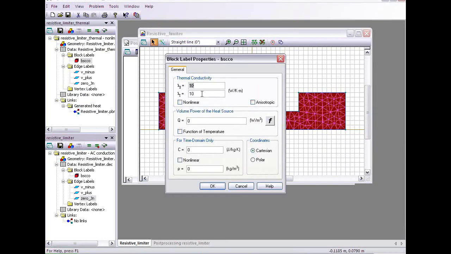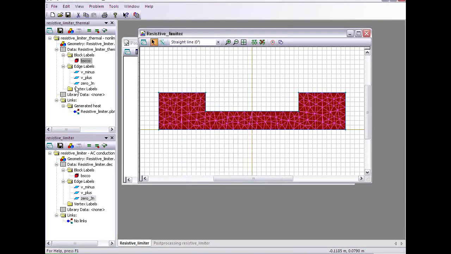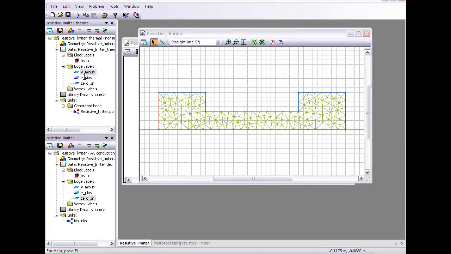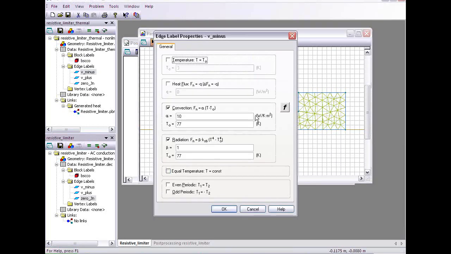Now I have some thermal conductivity of the element here. These would be used for a transient heat transfer. Now on the edges of the superconductor, I'm applying both convection and radiation boundary conditions. So the external temperature here is at 77 degrees.